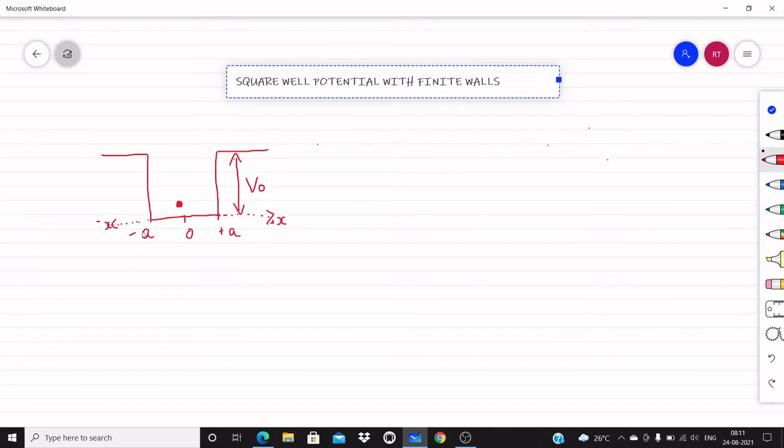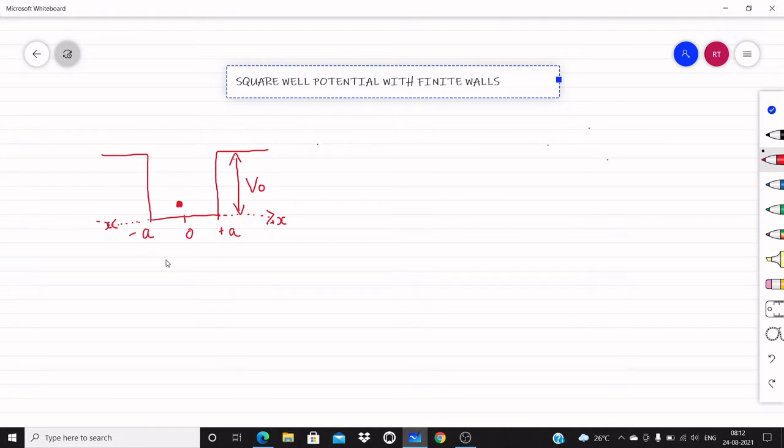So when we say that a particle is confined in a square well potential with finite walls, we have to analyze various factors about the amount of energy the particle has. Also, it has a boundary of finite walls.